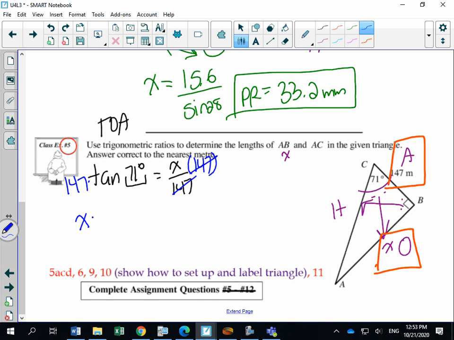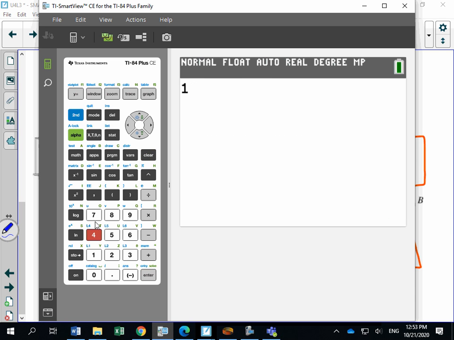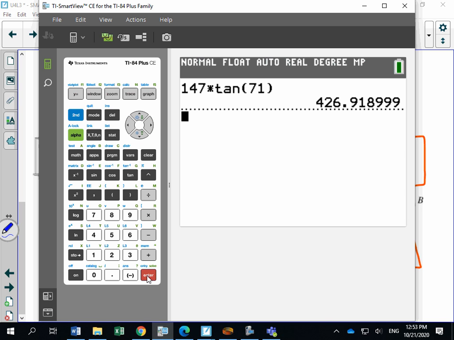So this answer is 147 times the tan of 71. .9, but they want it to the nearest meter. So what am I going to change that to? 427.